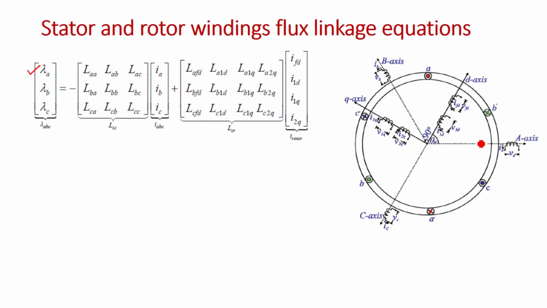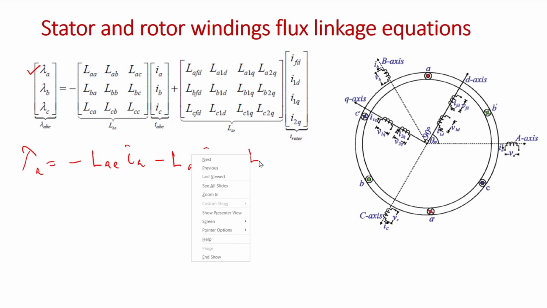It will be obviously minus because the current is coming out of the circuit. Similarly, it will be LAB IB, then LAC IC. Expanding one equation, that will be minus LAA IA minus LAB IB minus LAC IC. This is because of the stator currents.